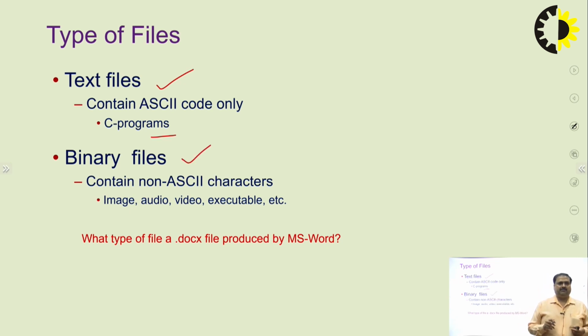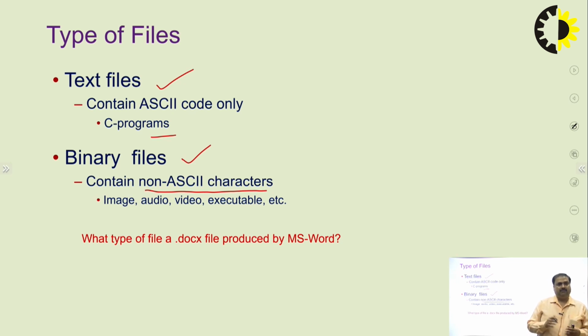In binary files, we are not converting the byte into any kind of data or any kind of code. We are simply reading the sequence of 0s and 1s, giving it as it is. So these kinds of files contain non-ASCII data. That means no kind of conversion is done during manipulation of the file.